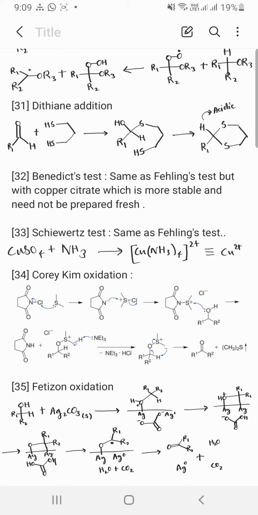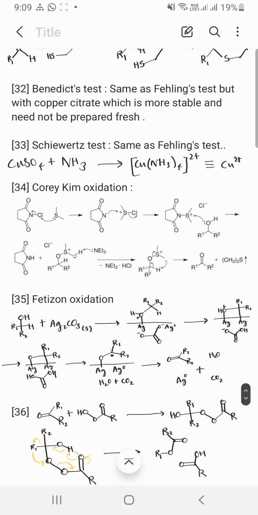Why did I just show elimination directly? Does it have to be in a cyclic state? Yeah, I don't know. Okay, fine. That's Corey oxidation.